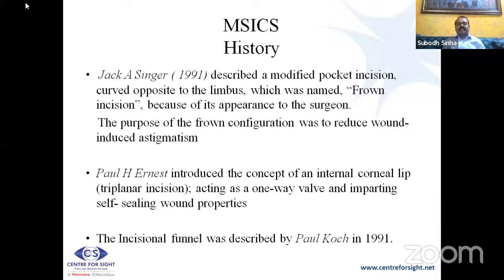Later on, Jack A. Singer modified this incision into a shape which is a frown incision, frown to the surgeon, and the purpose of this incision was to reduce surgically induced astigmatism. Next was Paul Ernst, who introduced the concept of the internal corneal lip.